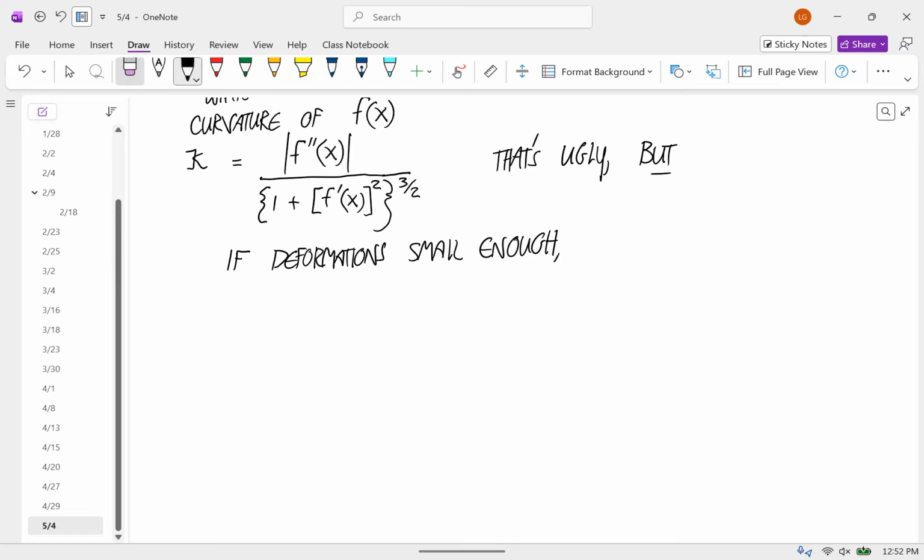Okay, so let's say that this is the beam's original position. And let's say that we have really small deformations, and so this beam is just going to do stuff like this.